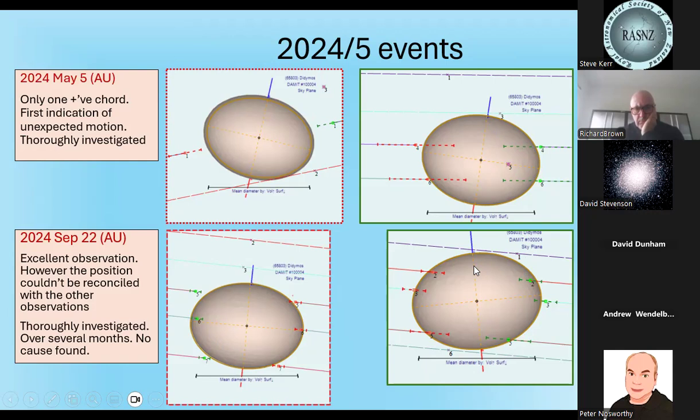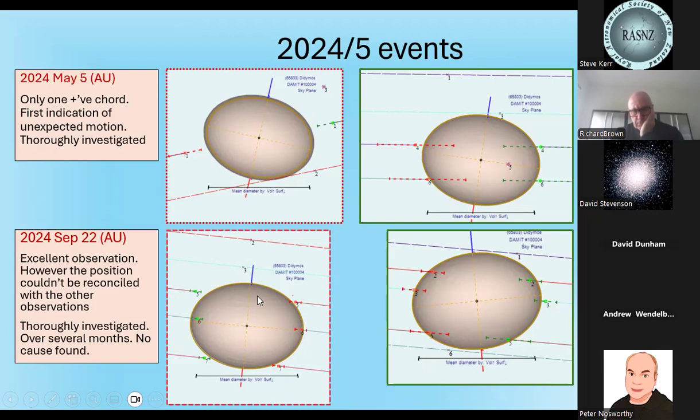Fortunately, we had an observation in March this year in Japan. They had an excellent result there. And that fitted a good fit to that, and a reasonable fit to this one as well, and a misfit to this.